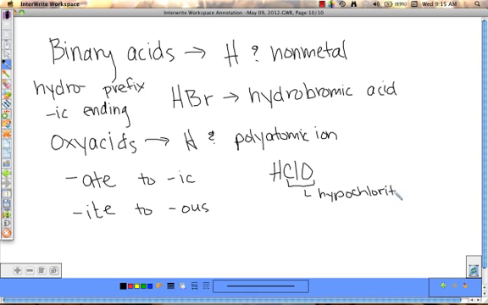So that'd be hypochlorous acid. IDE would be in a binary acid, so you change it to IC. So this would be hypochlorous acid. You'll be able to use the ion chart.